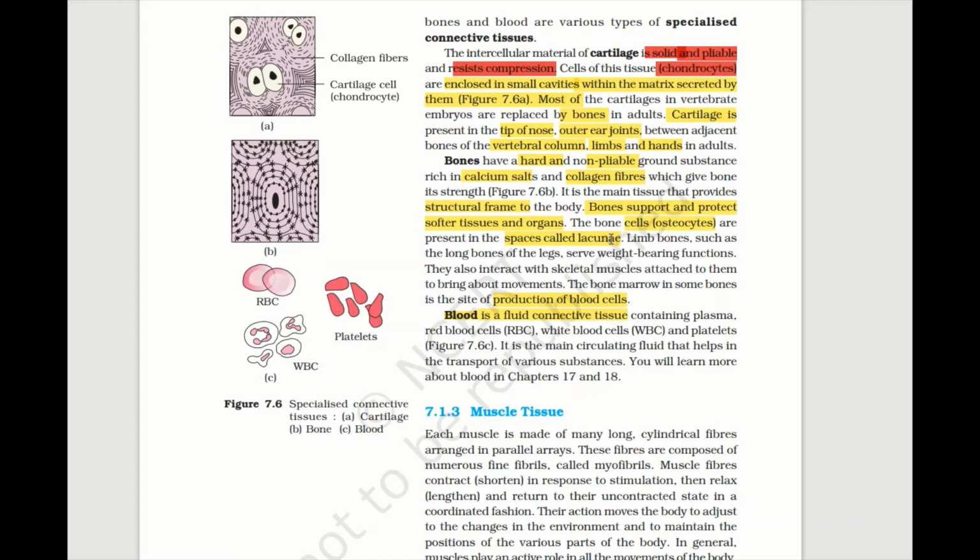So blood is a fluid connective tissue. What does it contain? It contains the plasma, red blood cells, white blood cells, and the platelets, right? It helps in the transport of various substances within the body.